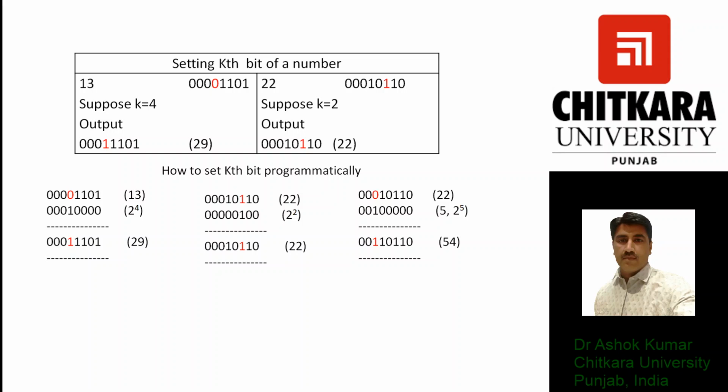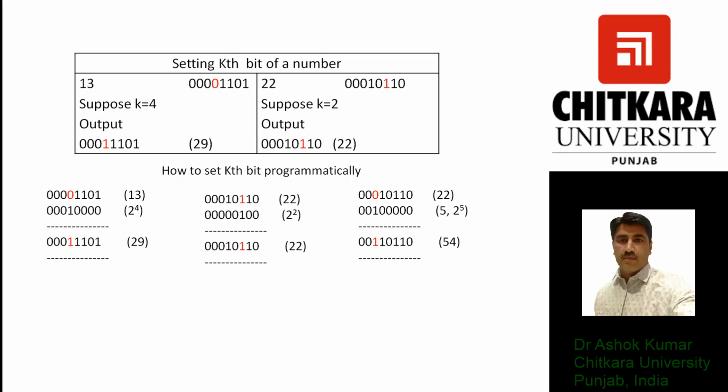So we will perform the bitwise OR operation over here. If you OR 13 with 16, you will get this result, 29. I have shown the output bit that is set to 1 in red color as well. So this number is equivalent to 29 in decimal.